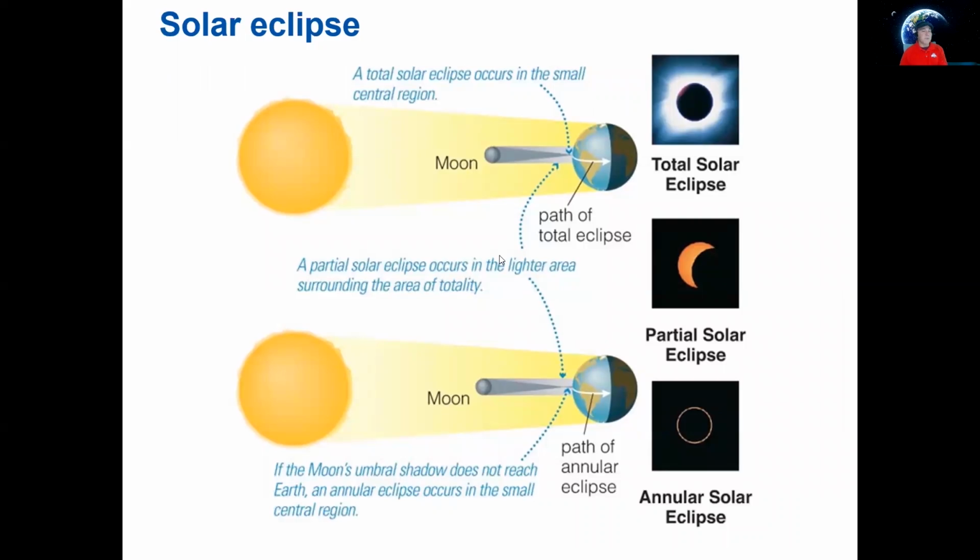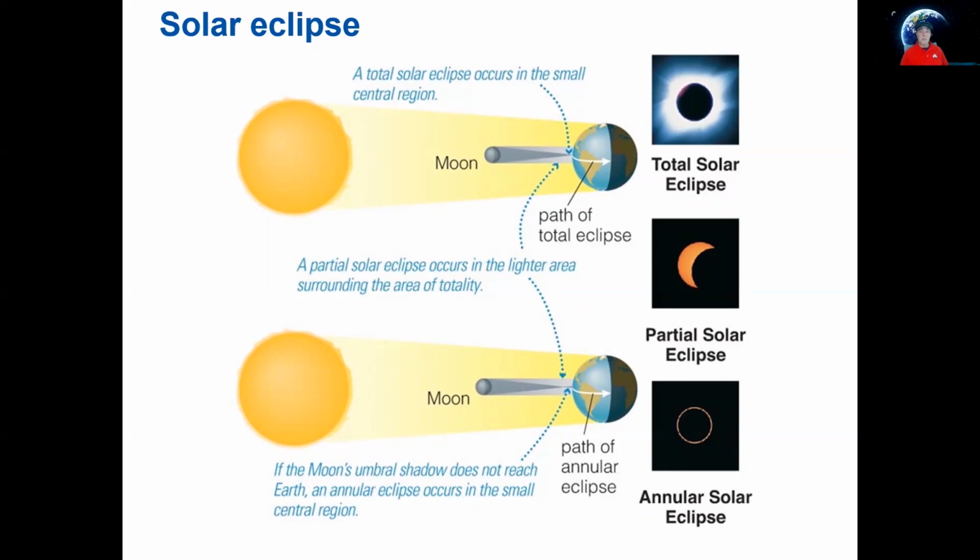There are three types of solar eclipses. The first is a total solar eclipse, which is only visible from a small area on Earth. The second type is a partial solar eclipse, which happens when the sun, moon, and Earth are not exactly lined up.